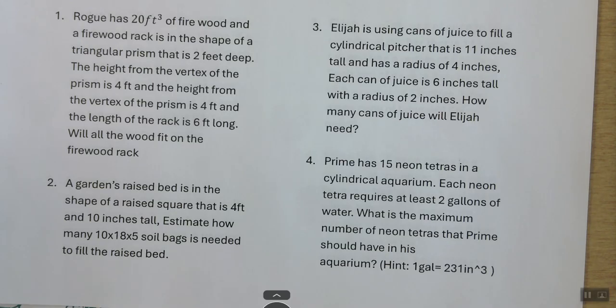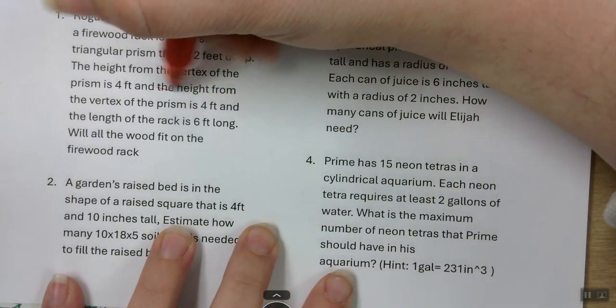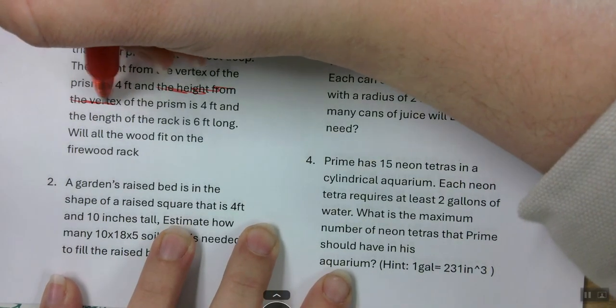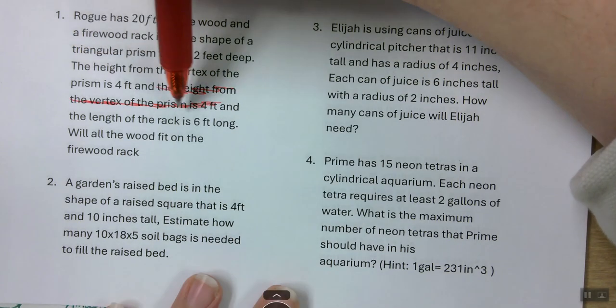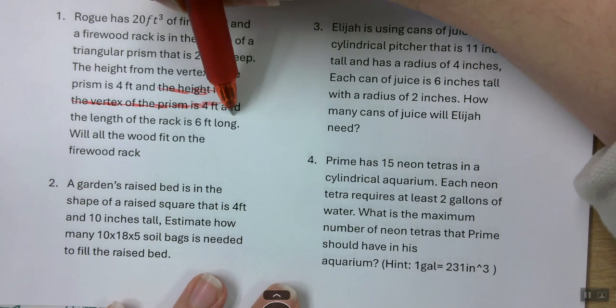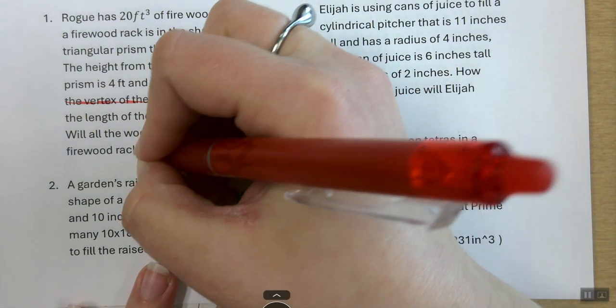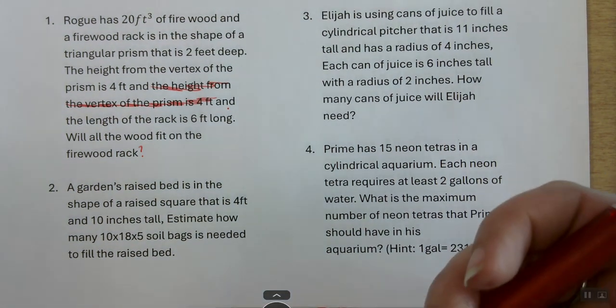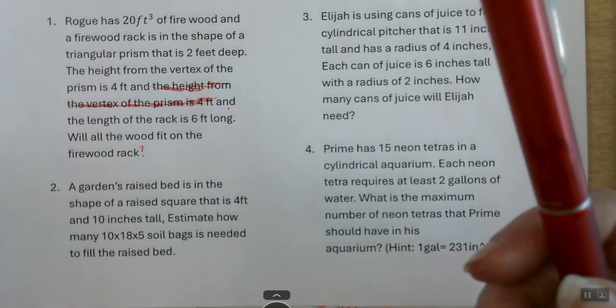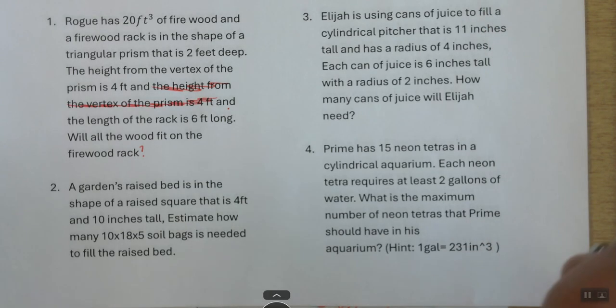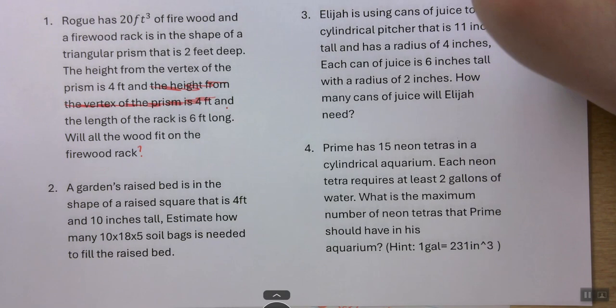The height from the vertex is 4 feet. And the length of the rack is 6 feet long. Would all the wood fit in the rack? That's the question. We need to sketch a triangular prism, find the volume of that, and if it is greater than that amount of wood, then yes, it could fit all the wood.